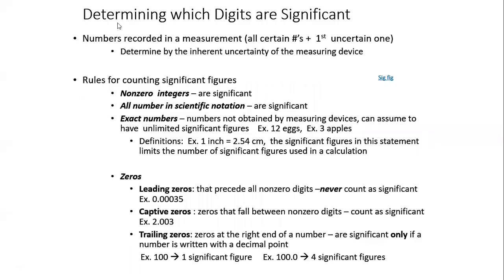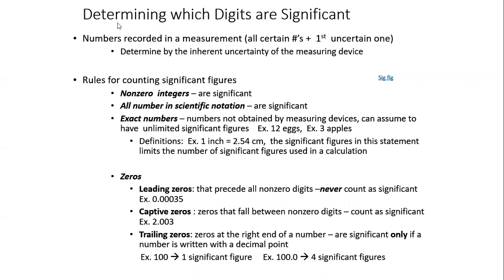So now when we're dealing with numbers, we have to determine which digits are significant. And just to start off with, when we're dealing with measurements, and we'll talk more about this in the future, in measurements, it's the number of certain digits plus one uncertain digit.